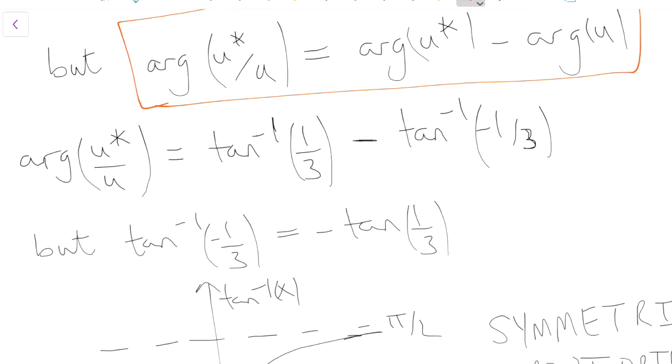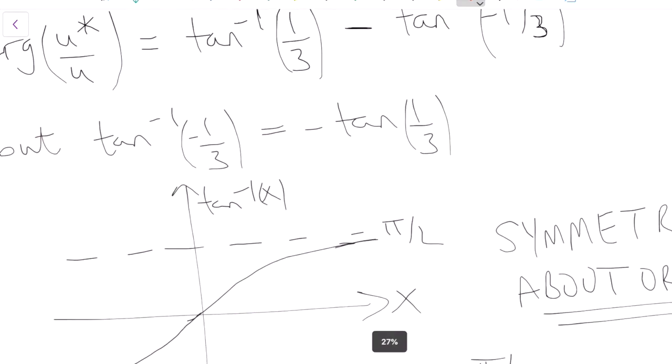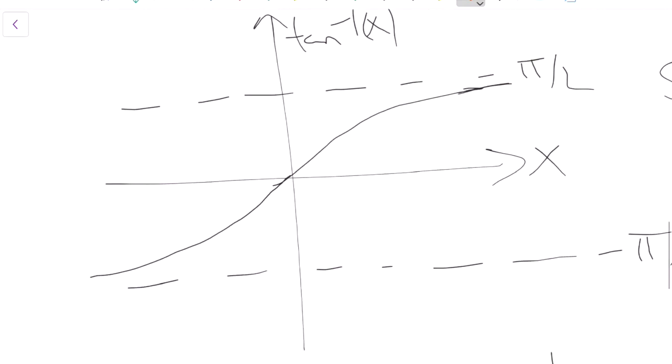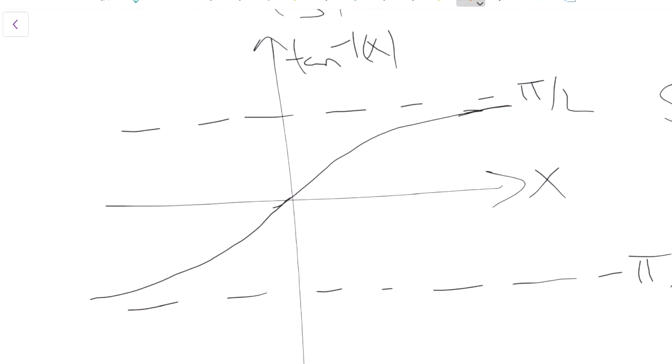However, I think there is a nicer way to do it, and it's by looking at the graph of tan inverse of x. If you look at the graph plotted here, it passes through the origin, and clearly the graph is symmetric about the origin. So tan inverse of 1/3, which is here, would be minus tan inverse of minus 1/3, which is over here.